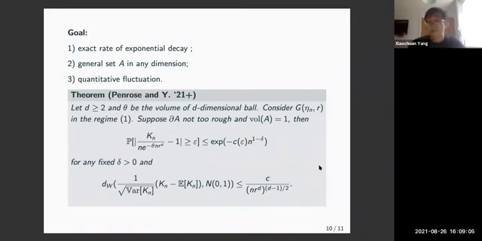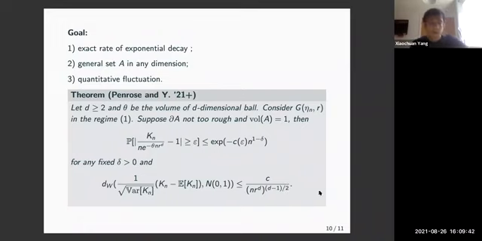Then assuming very mild conditions on the boundary of A, we can show that indeed Kn over n decays exponentially in theta n r to the d. So we have this specified value for the exponential decay. We show more than this. We have this concentration bound and also a central limit theorem for a standardized version of Kn in the Wasserstein distance, and the error bound is very explicit.